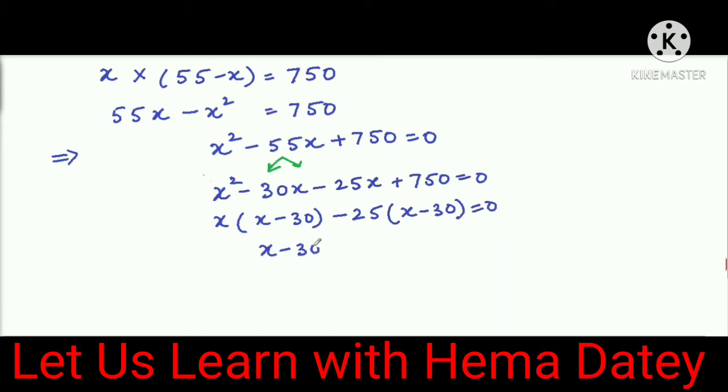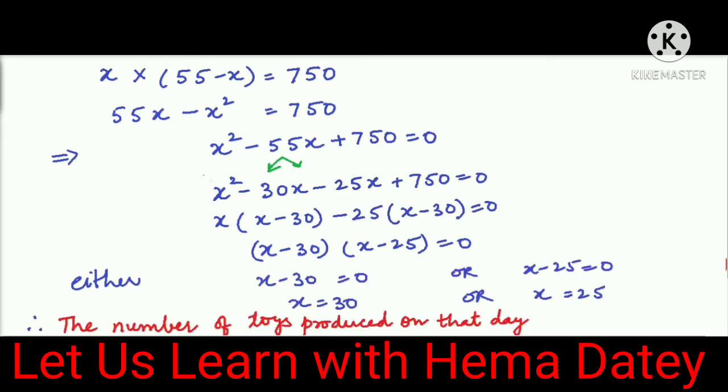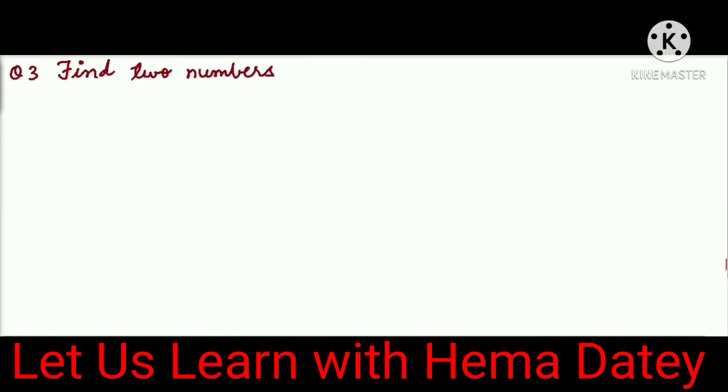Now from these two terms we take x minus 30 common and we left with x minus 25 in other bracket is equal to 0. Either x minus 30 equal to 0 or x minus 25 equal to 0. It will give us x is equal to 30 or x is equal to 25. Therefore, the number of toys produced on that day were 30 or 25.